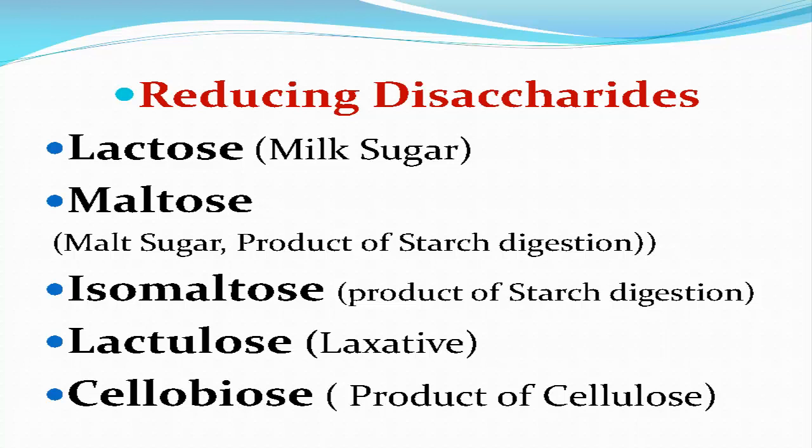A reducing disaccharide means that among the two monosaccharides, one has given its anomeric carbon, which it must, but the other one's anomeric carbon is still free. The examples are lactose, maltose, isomaltose, lactulose, cellobiose, etc. You know lactose is found in milk, and maltose is malt sugar. These things you know.